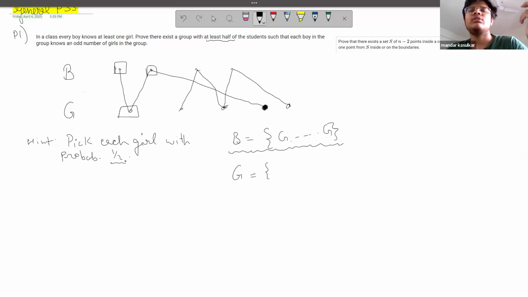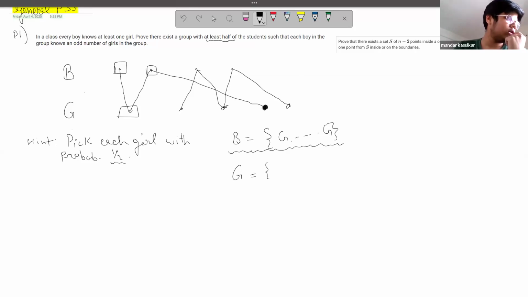The half makes sense because we have at least half the students. But we don't know much about how many friends each girl has, so it would be cumbersome to start with a group of random girls rather than a group of random boys. So that's the point now.